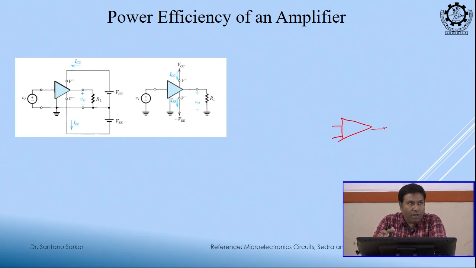But some other two pins we generally do not draw. Can you tell me what are those two pins? This is input pins, this is output pin. Any other pin is required for this amplifier to work as an amplifier? Supply voltage.